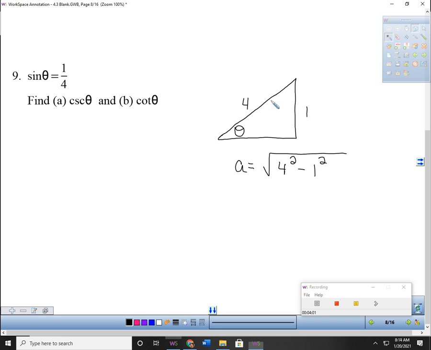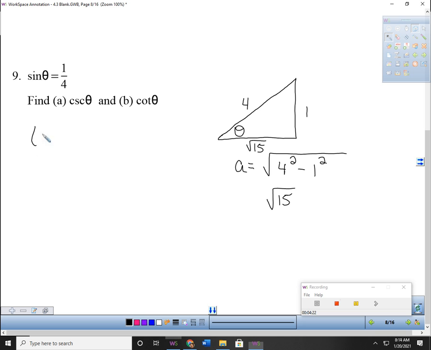If you're looking for the hypotenuse, you add the leg squared and do the square root. If you're looking for a leg, you do hypotenuse squared minus the leg squared. So that gives you 16 minus 1, so square root of 15. That is this leg right here.